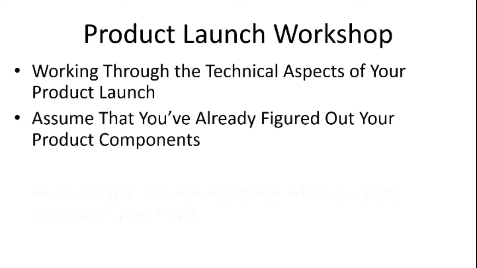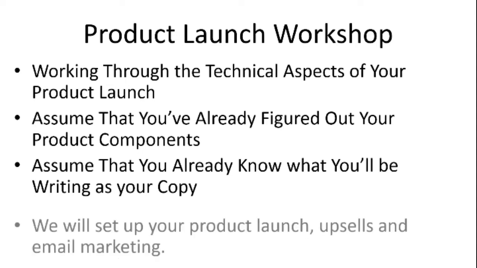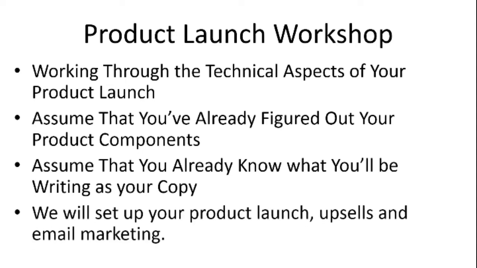Number 3, we're going to assume that you already know what you'll be writing as your copy. And finally, we will set up your product launch, upsells, and email marketing in this series. So we're going to take all 4 sessions in order to do that.